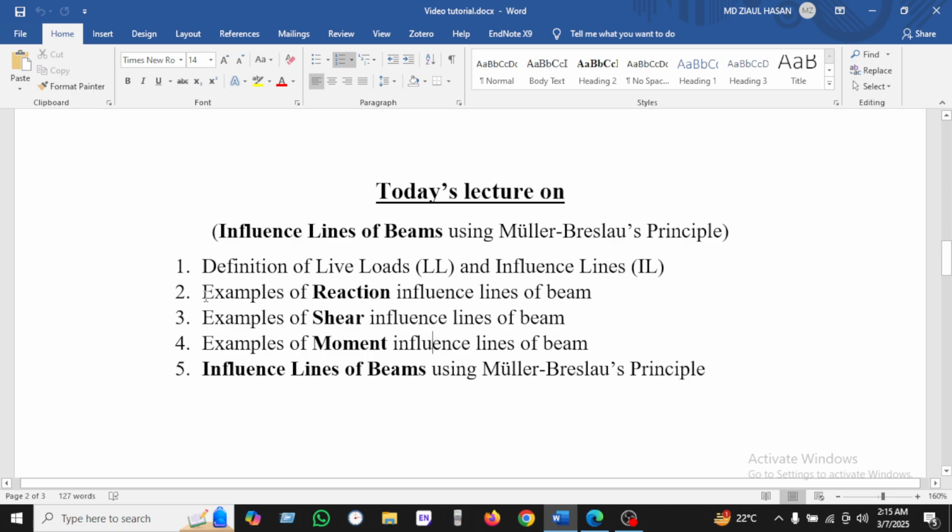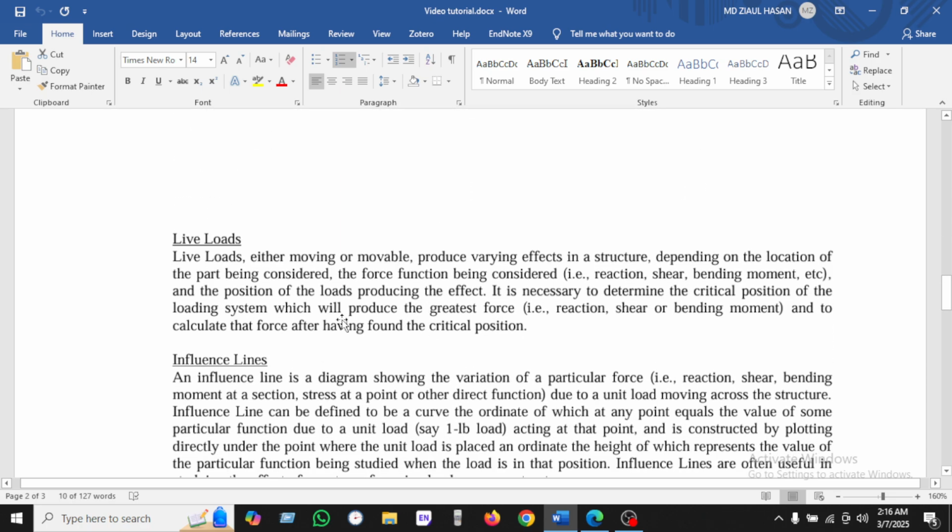Then I will provide examples of reaction influence line of beam, shear influence line of beam, moment influence lines of beam, and then influence lines of beam using Müller-Breslau's principle. Okay, let's start from the definition of live load and influence line.